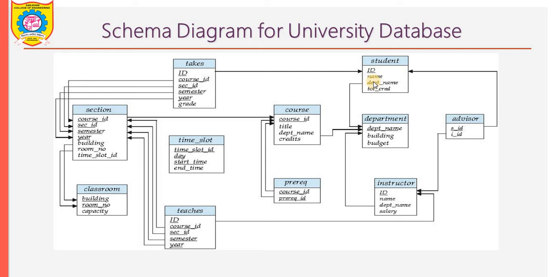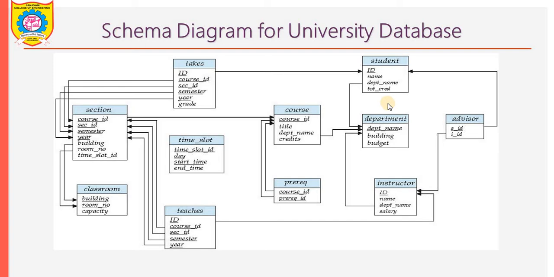In this, ID is a primary key which is a foreign key in the takes table, and ID is also a foreign key in the advisor table. Department name is a primary key which is a foreign key in the student table. Total credit is just a column of the student table.